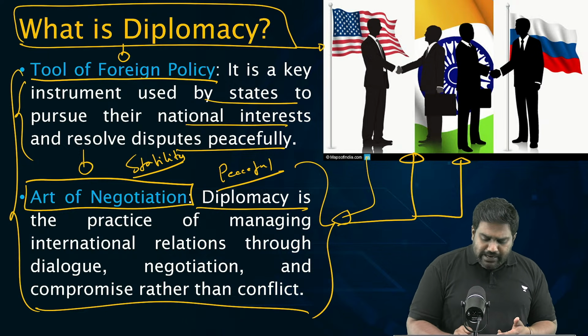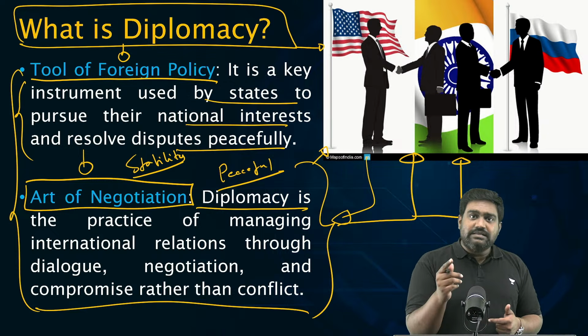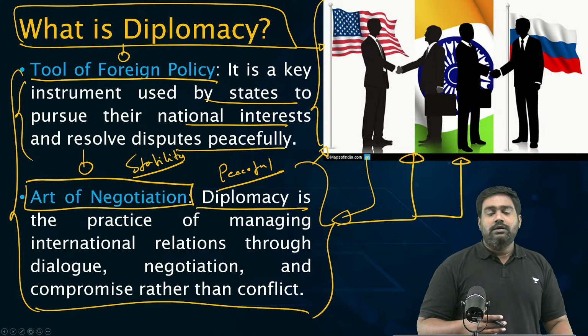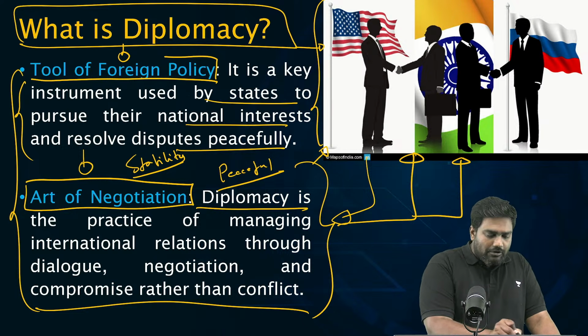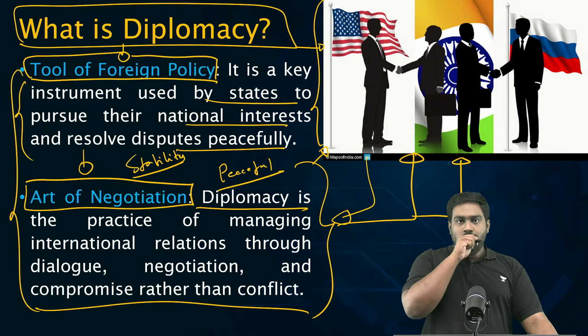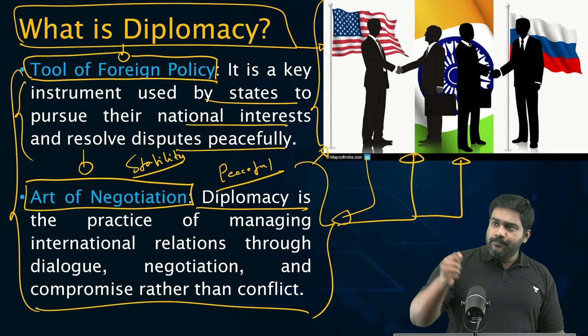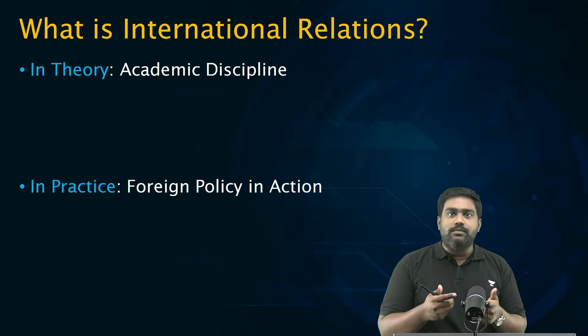They will be able to lead these talks and negotiations representing the nation, representing the interests of the country, and they will engage in these artful, tactful negotiations. And this is how you further your foreign policy. This is how, through diplomacy, through foreign policy, the government will be able to protect and promote our national interests. So, this is how you can explain what is diplomacy.